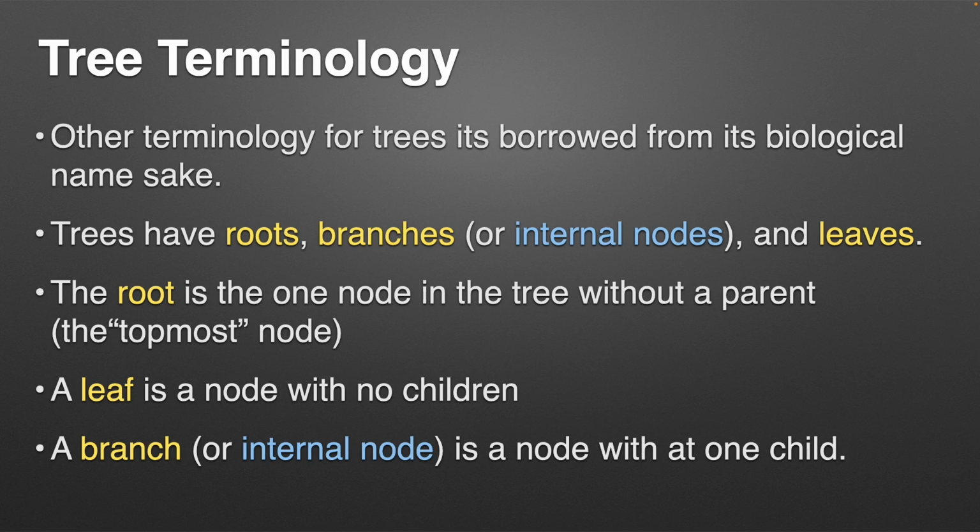It means that they both have a parent and a child, at least one of each, so they're within the structure. You'll see that called either a branch or an internal node. And then we have leaves. Leaves are the nodes at the bottom when we draw it that way, and they have no children, nothing connected to them, so they just have a parent.